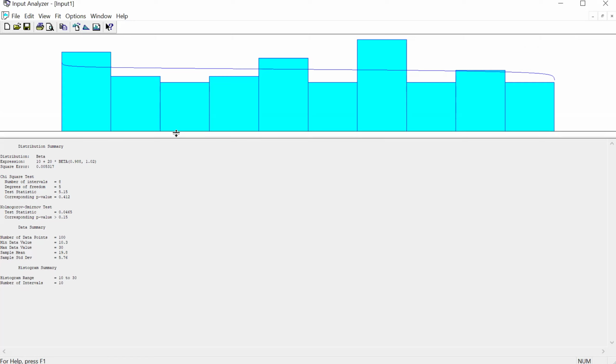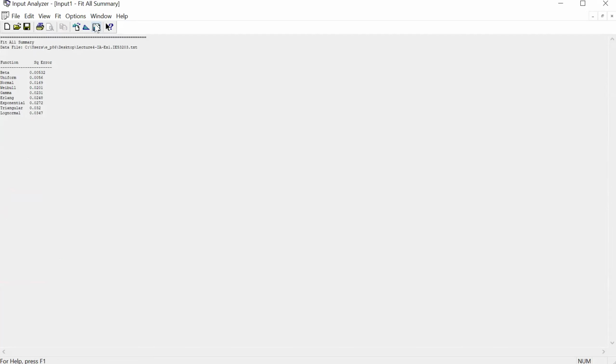So this is telling me that this expression, a beta distribution, is the best fit for my distribution. However, I can look at this Fit All summary and see which ones out of the list provided by Arena are giving me good performance. This is a ranking based on the square error, so you see the beta is first.